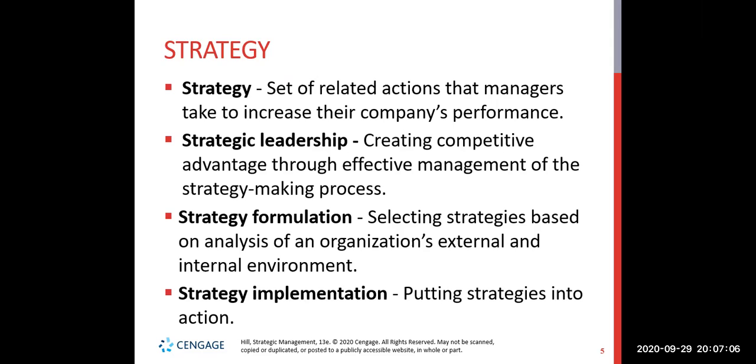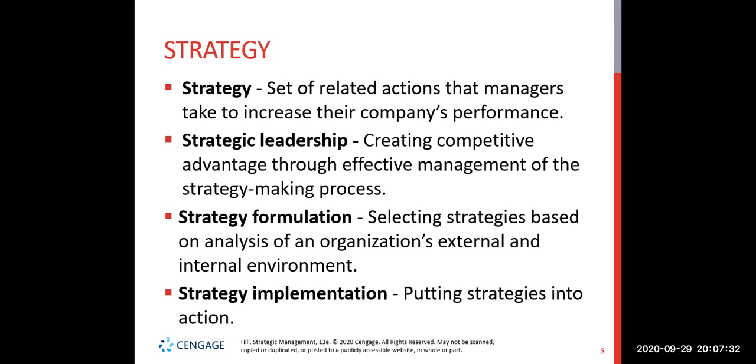One component is strategy formulation, which includes the vision, the mission, the strategic goals, the values of the company, and selecting and analyzing the internal and external environment of the company. Strategy formulation also includes the selection of strategies at the different levels: corporate level, functional level, and business level.